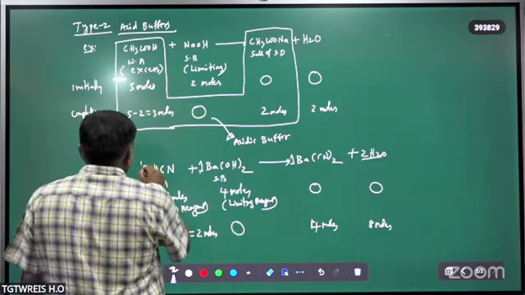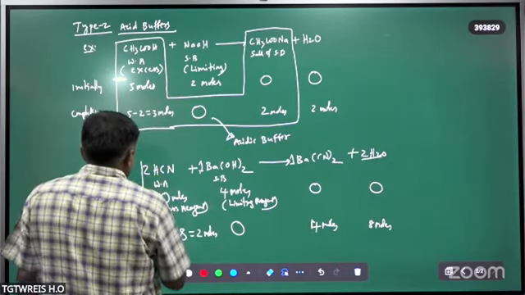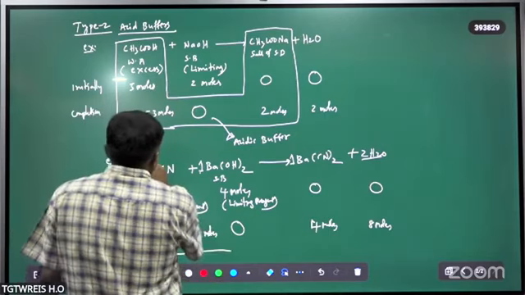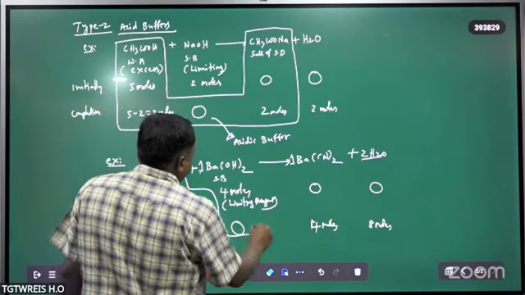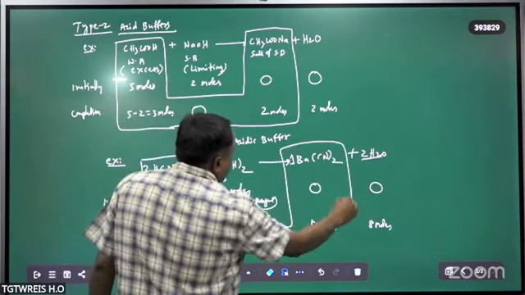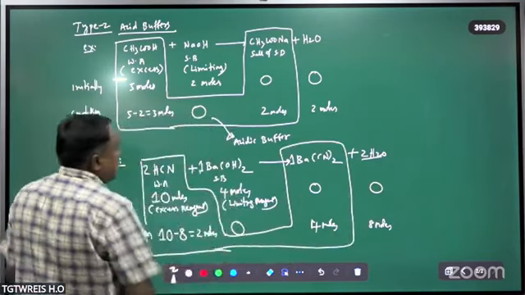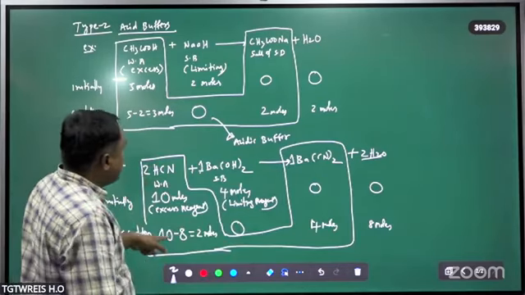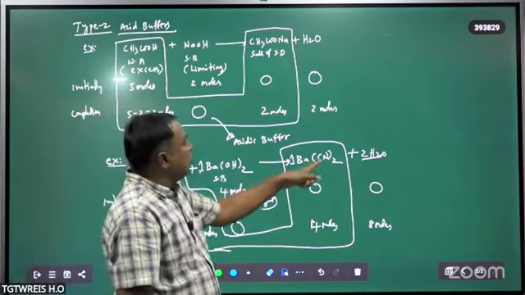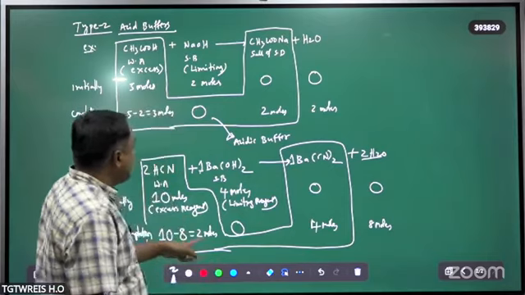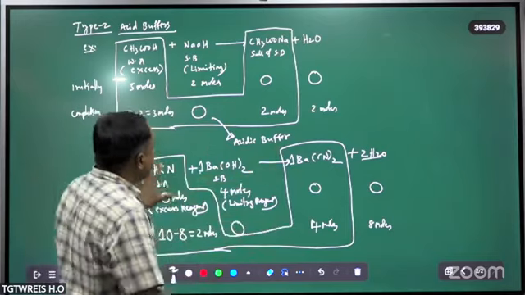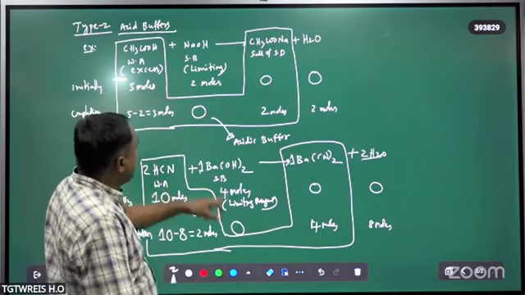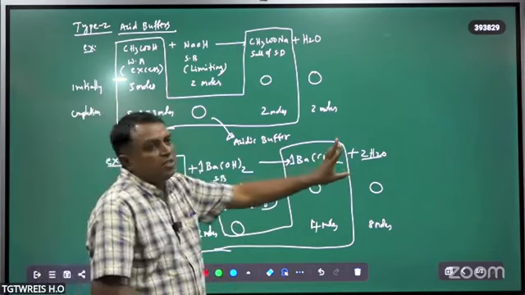Therefore, this HCN with this, totally it is acting as what now? An acidic buffer. So this is 2 moles, this is 4 moles. By combining these two in the reaction mixture, what is left? Barium hydroxide is 0.